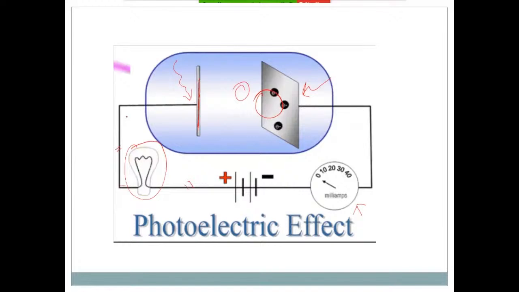Because of the flow of these electrons, photoelectric current is developed. This photoelectric current is responsible for glowing this bulb. This bulb will glow due to the photoelectric current, and we can simply see deflection in this device here. So this is the photoelectric effect.